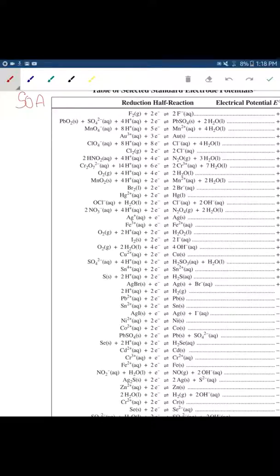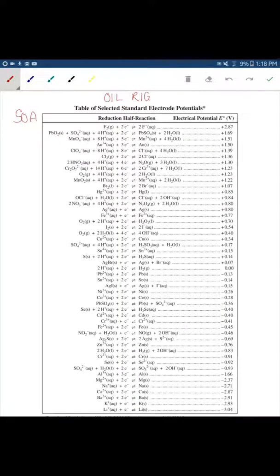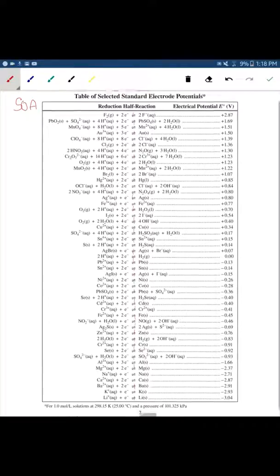So anything on this left-hand side of these arrows, now often students will take a pencil and draw a dotted line, usually with a ruler, and unfortunately I can't do a ruler on my device here, but they will draw a dotted line representing that anything on the left-hand side of this table is an oxidizing agent, and everything on the right-hand side is a reducing agent.